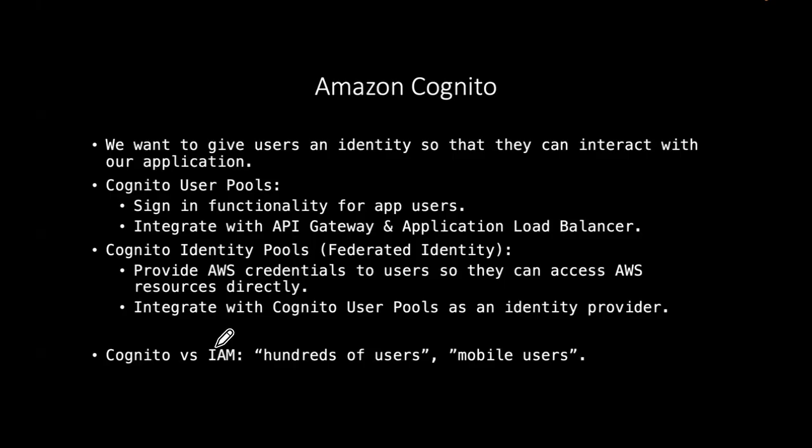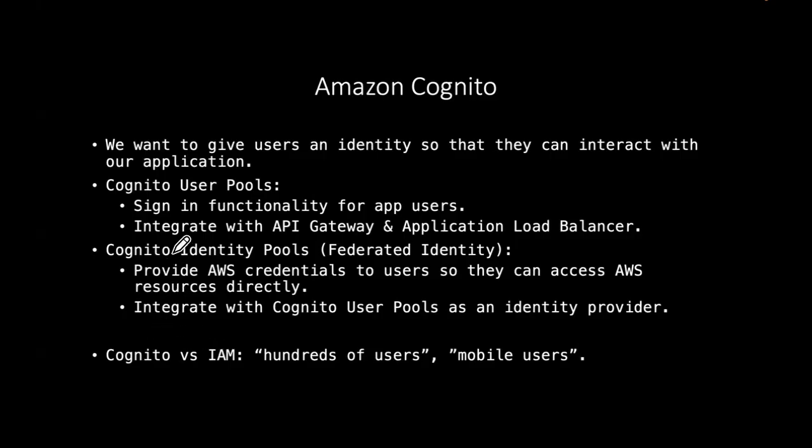IAM is more for when you've got a small team of users, and tends to be your development team, I suppose, rather than your end user group. That's a very simple distinction between them.